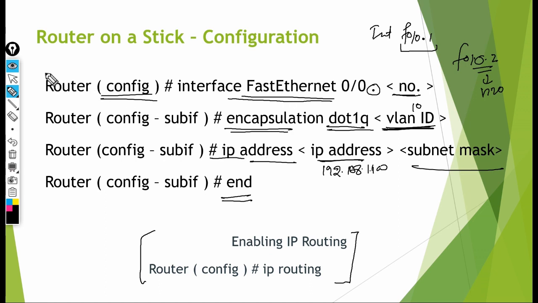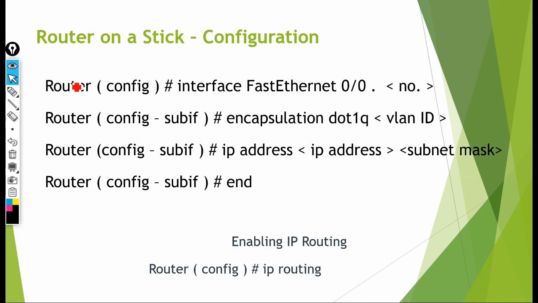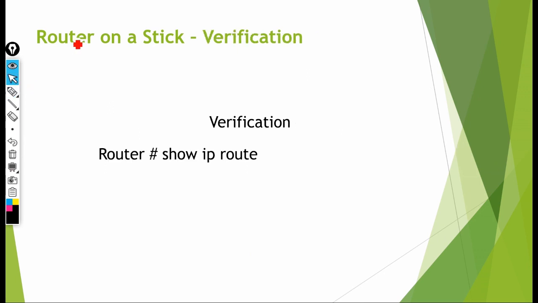So make sure in the router you configure the two subinterfaces, Fa0/0.1 for VLAN 10 and Fa0/0.2 for VLAN 20, and the IP addresses also have to be from the respective range. Finally, you configure IP routing, just enable it, and your communication will take place from your source to destination itself. So that's it. This is how you can configure router on a stick.